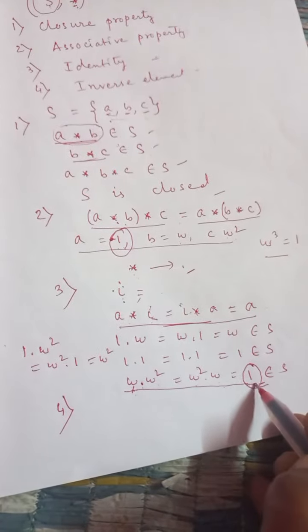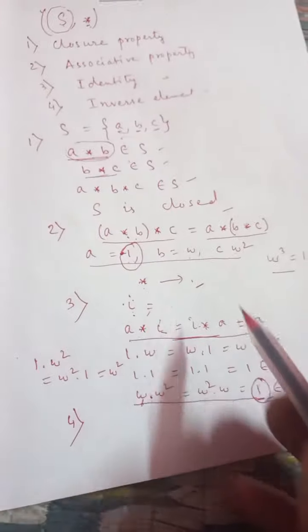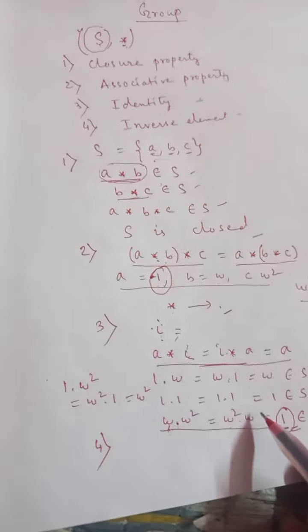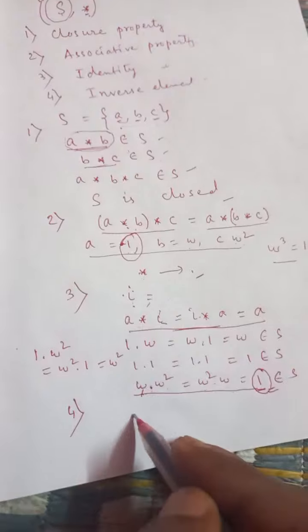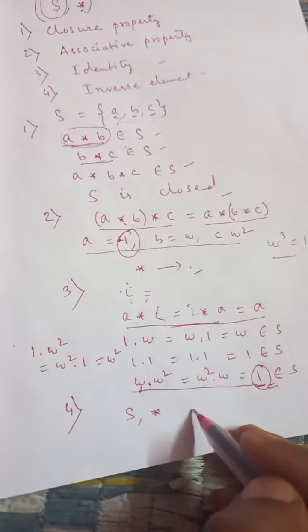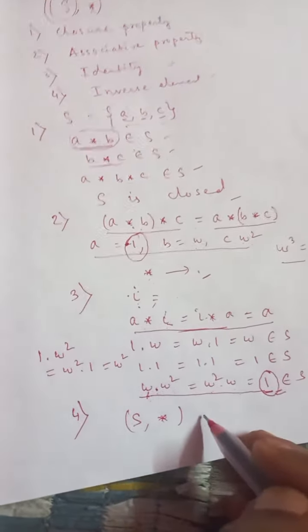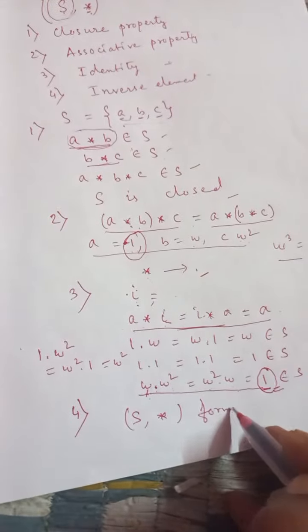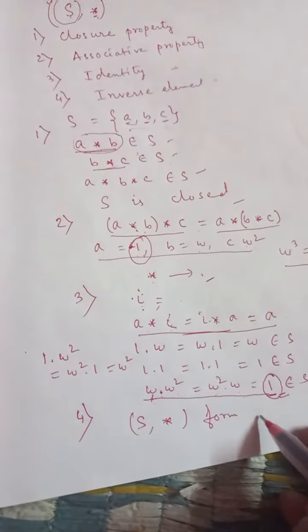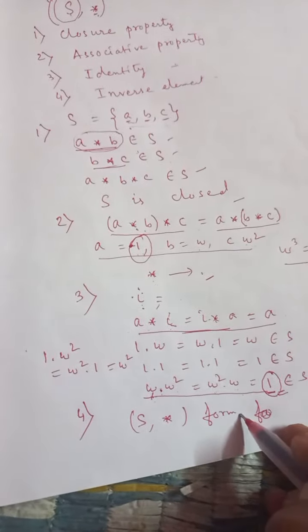the identity element 1. So in this way, if all these four conditions are satisfied, then we say that S under the binary operation star generates a group. It forms a group. So these are the conditions required to generate a group.